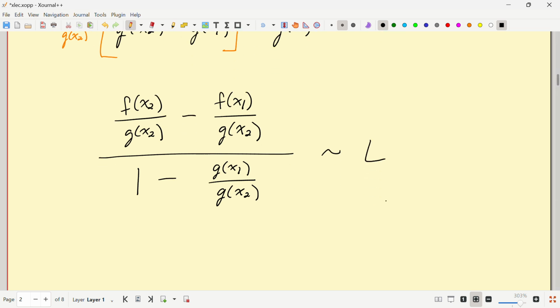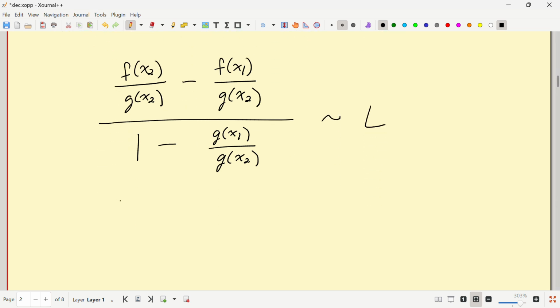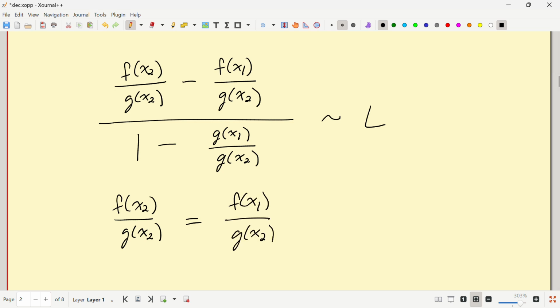And so if I solve for L, I see that f of x2 over g of x2 would be equal to f of x1 over g of x2 plus L times 1 minus g of x1 over g of x2.